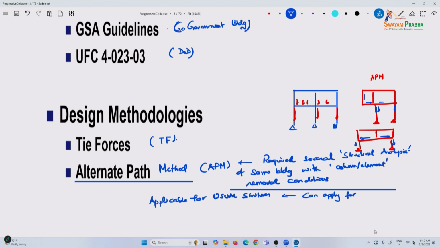If you are looking at public buildings such as a big stadium where people are gathered and an incident occurs, you can apply it, but you have to use the engineer's best judgment for APM criteria.